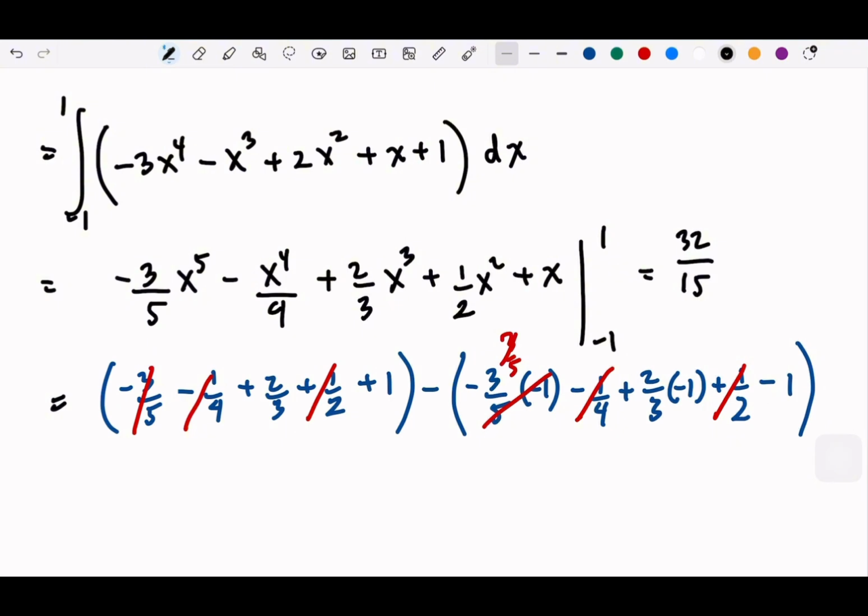So I prefer to just write that and then confirm using a calculator. 2/3 plus 2.